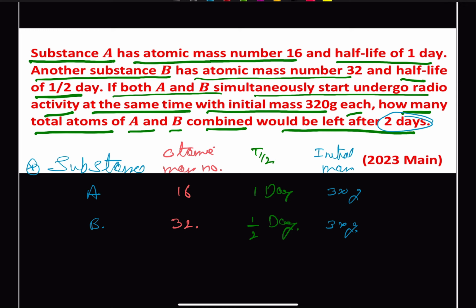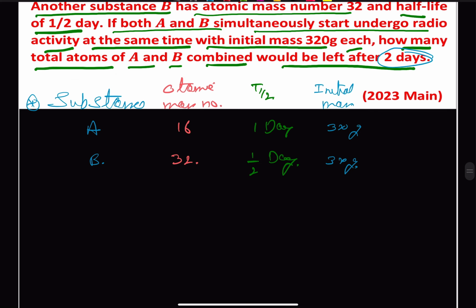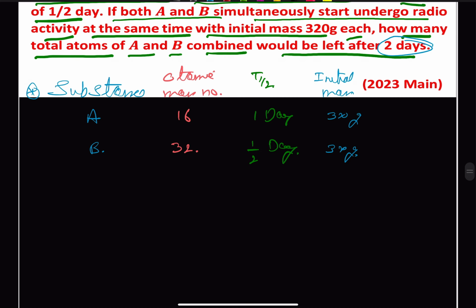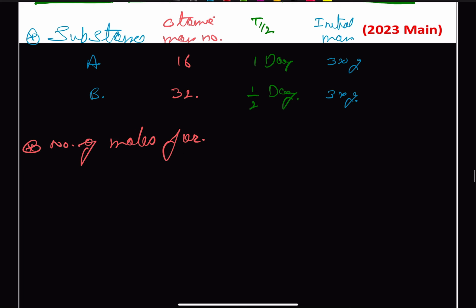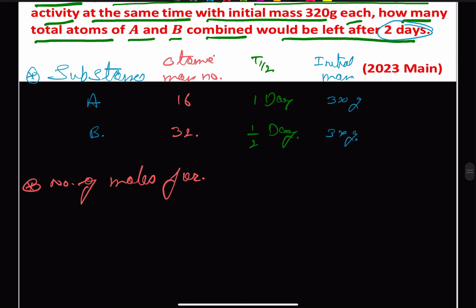Okay. So first of all we need to find out the number of moles for A and B. So let's write the formula first of all, that is n is equal to mass over the molar mass.